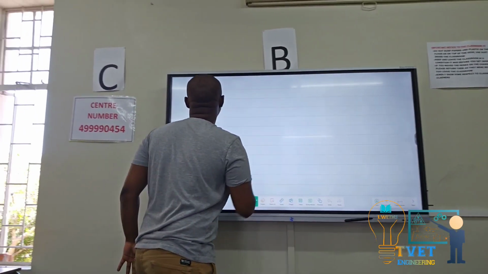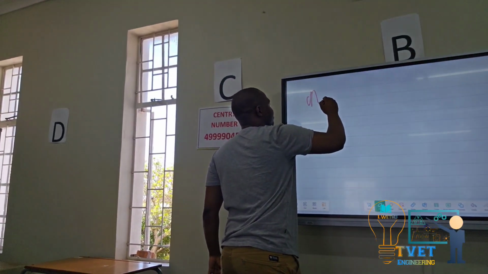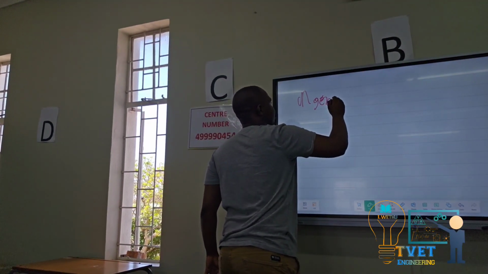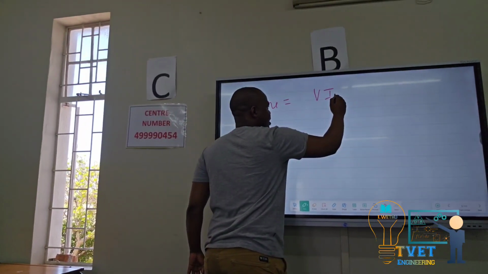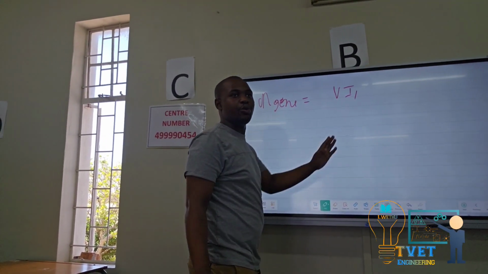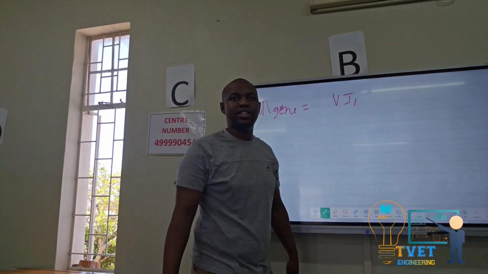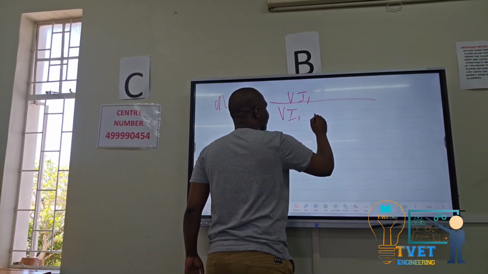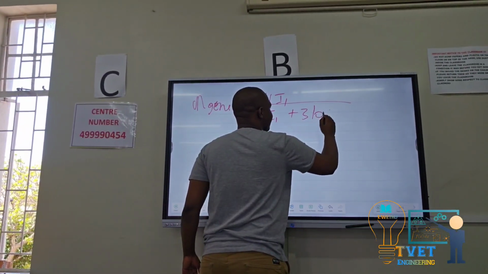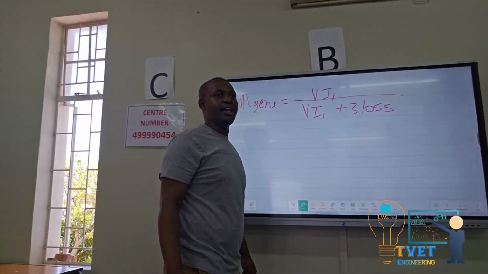Big question: the efficiency of the generator is equal to V times I1, the load current or output current of the generator, over V I1 plus the losses.